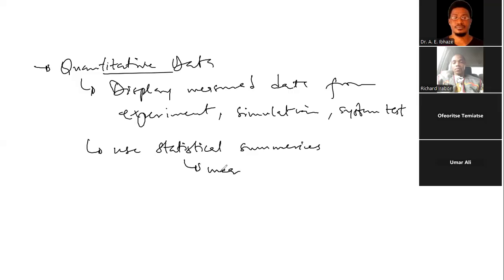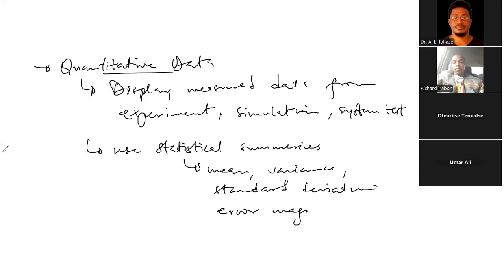We have the mean, we have the variance, we have the standard deviation, we have the error margin, and so on, okay?